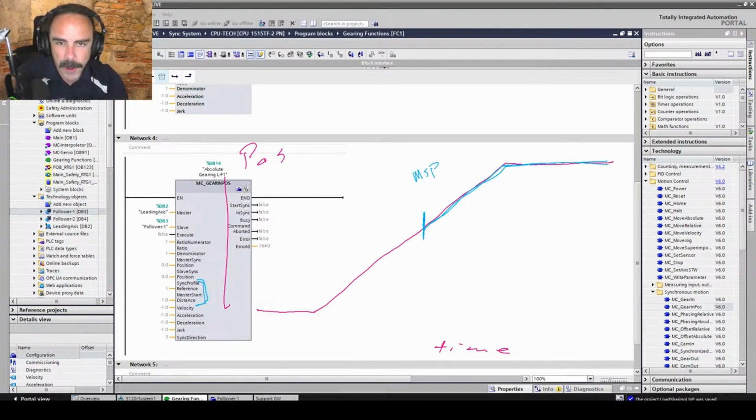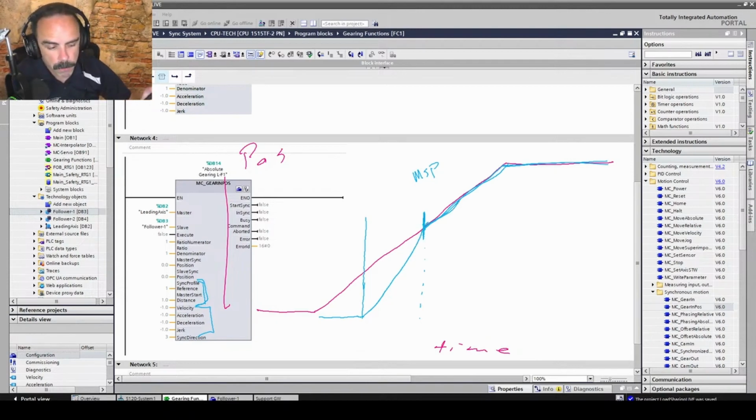With sync profile one, in the master start distance, you have this much distance for the following axis to speed up and get synced up.